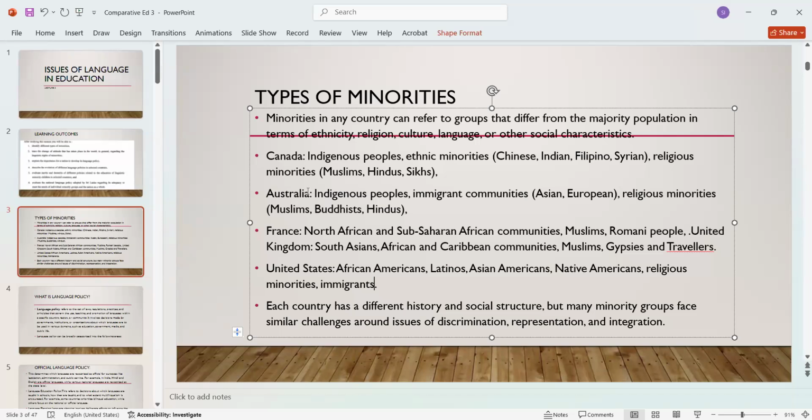So when the population is less, the major population will have more benefits than the minorities. The percentage will be like that, right?